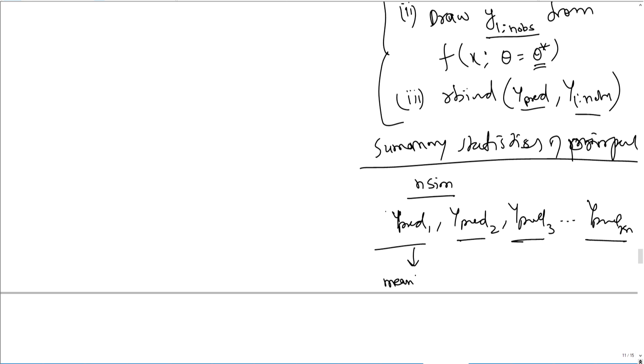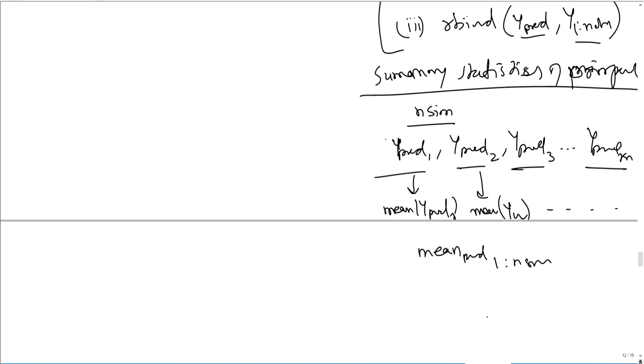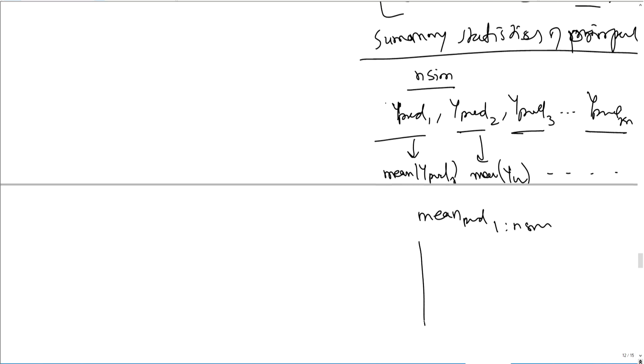Let us say mean of ypred1, similarly mean of ypred2, ypred3 and so on. Now you will have n sim number of means, the mean of predicted data from 1 to n sim. Now you can draw a histogram of these means, which might look like this.